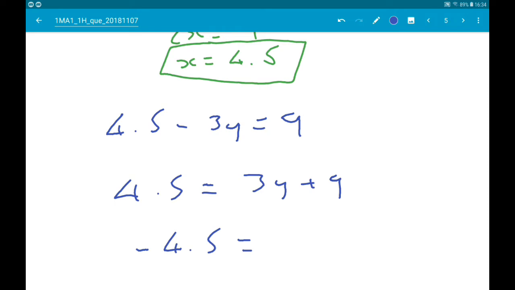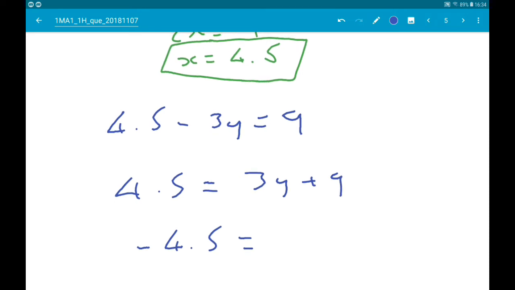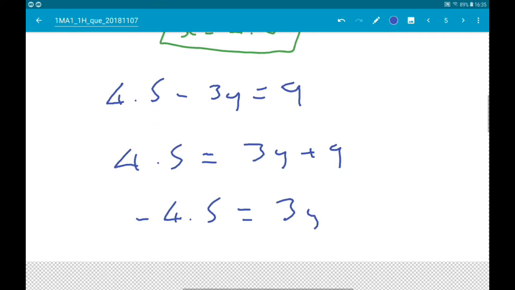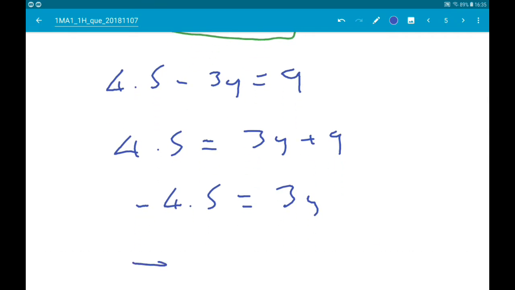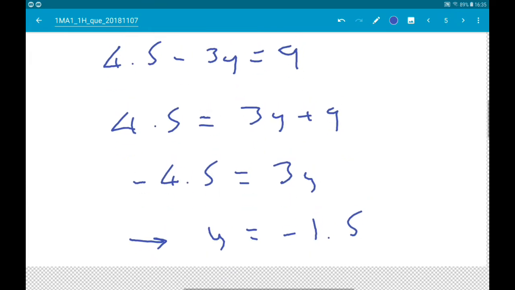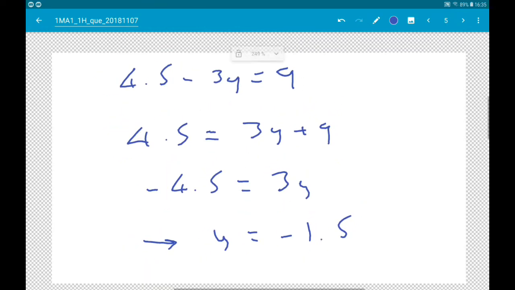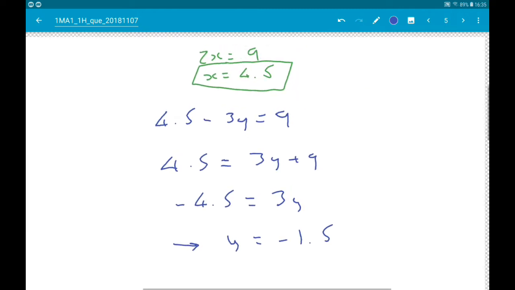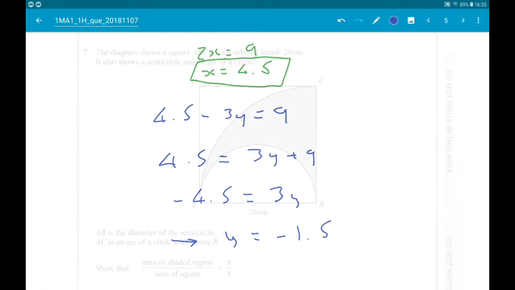So minus 4.5 is equal to 3y. Divide by 3. We get y is minus 1.5. So there are the solutions. X is 4.5, y is minus 1.5.